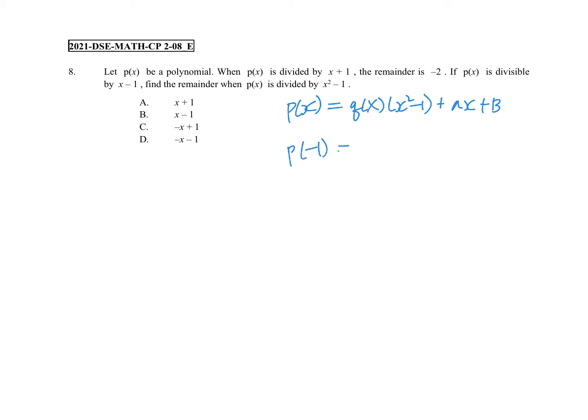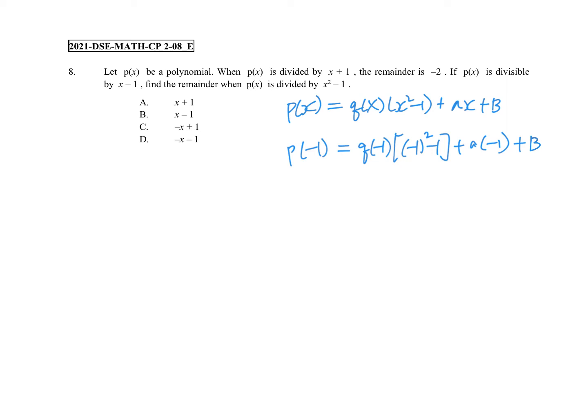And then we try to use P(-1). Why do we try to consider P(-1)? Because when P(x) is divided by x plus 1, the corresponding remainder is negative 2.